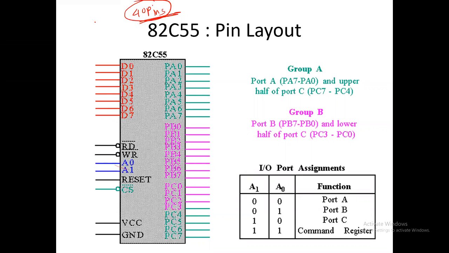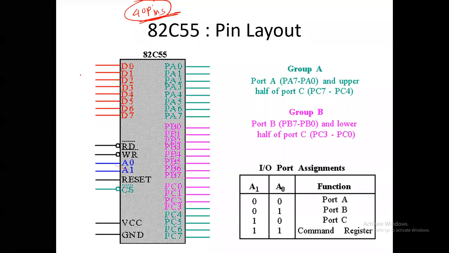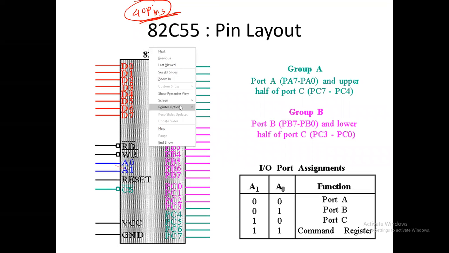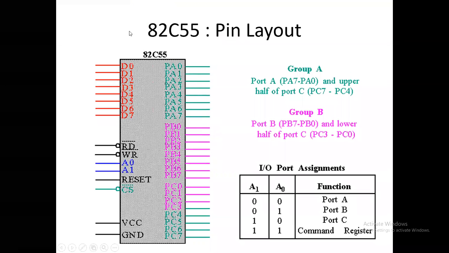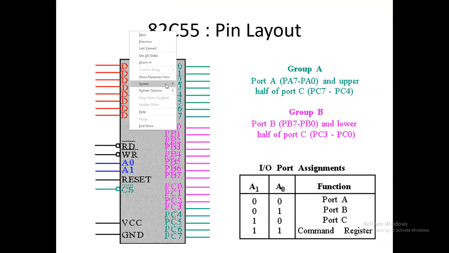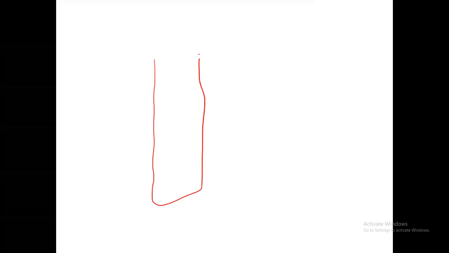Number of pins is 40. The 8255 PPI, number of pins 40.